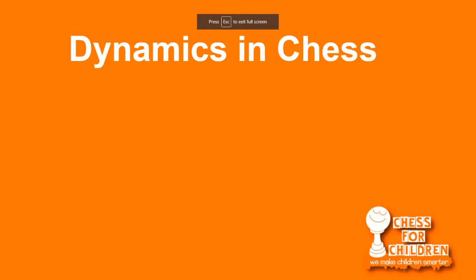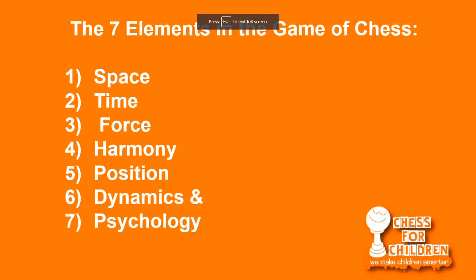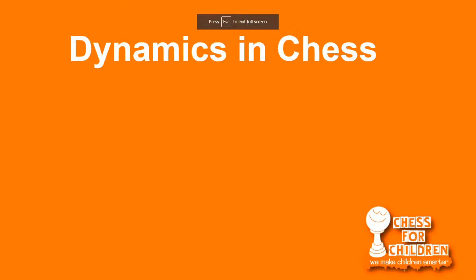If you're not familiar with what we've been doing, we've been having this series on the 7 elements in the game of chess. The 7 elements are space, time, force, harmony, position, dynamics, and psychology. So right now, we are on the 6th one, which is dynamics in chess.